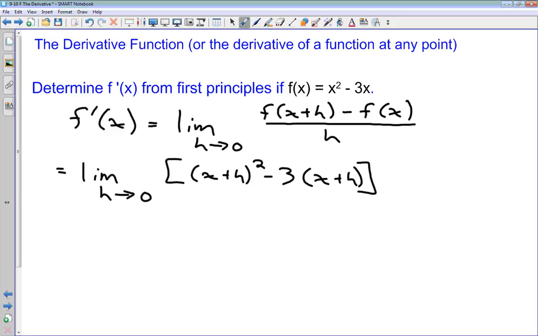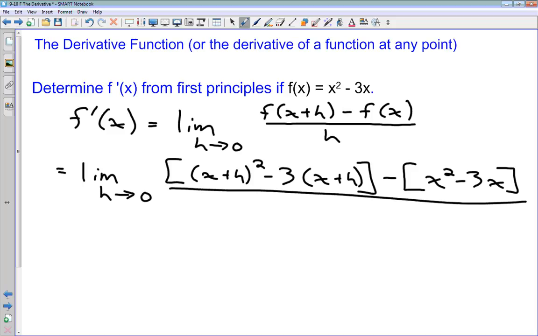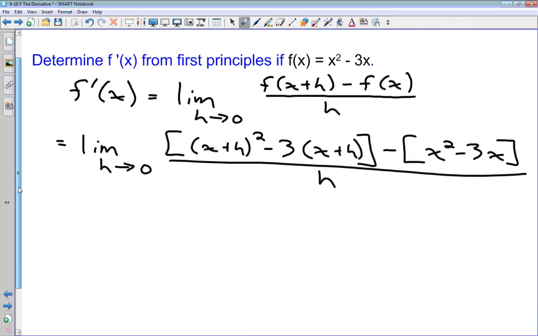And then from this, I'm going to subtract, well, f at x is just my function here, x squared minus 3x. I like using the big square brackets because they keep everything organized there. I know that my first square brackets are f at x plus h. My second set of square brackets are f at x.